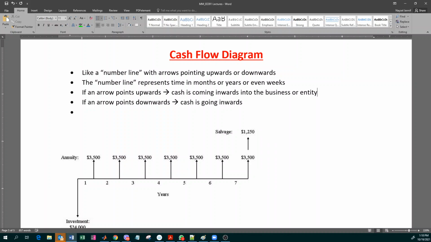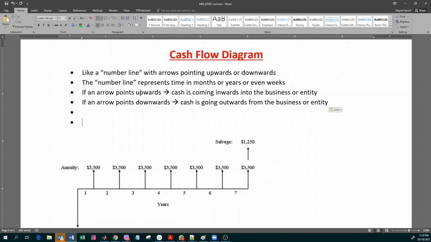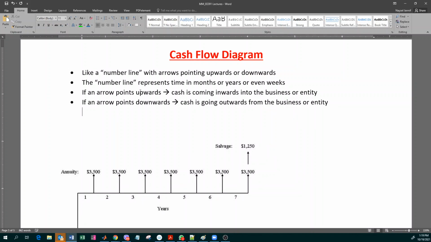So maybe if you are running your own canteen, cash is going outwards from the business or entity. All right, guys, any questions so far?